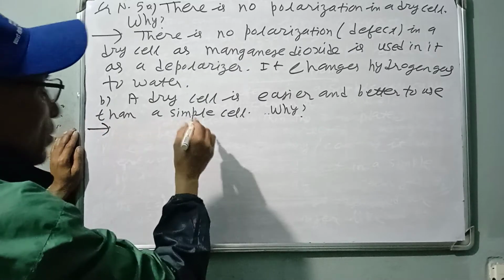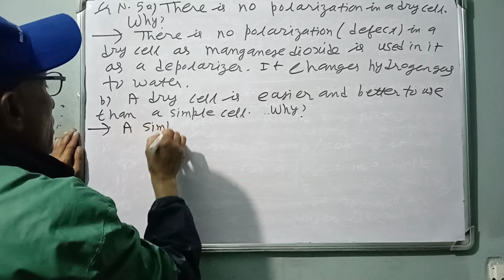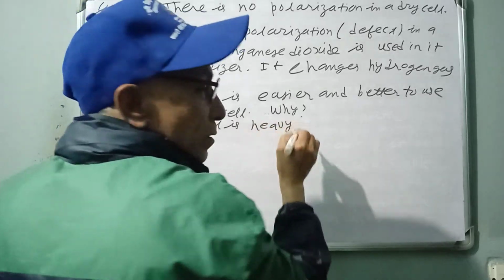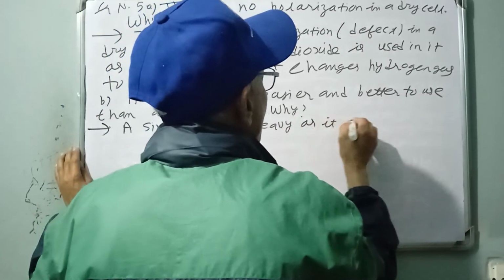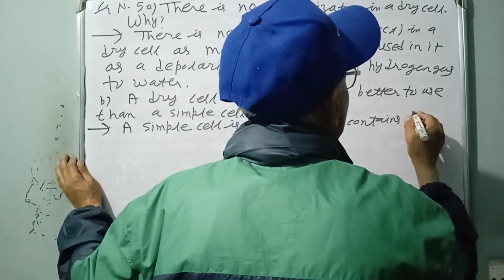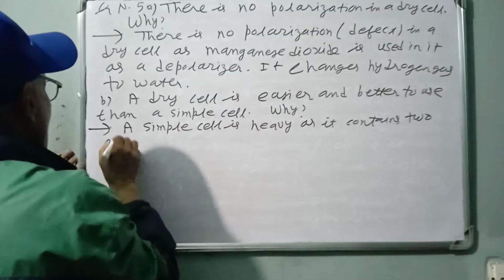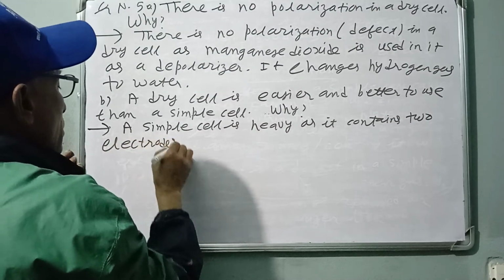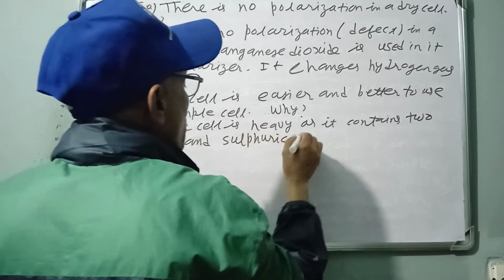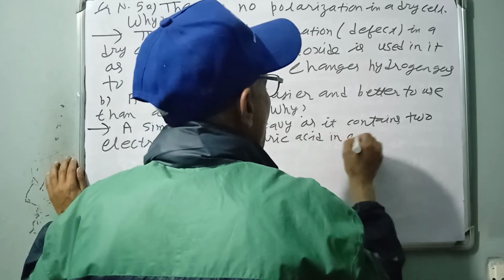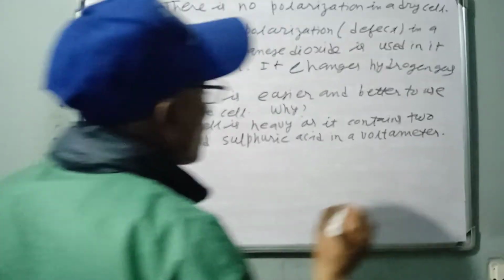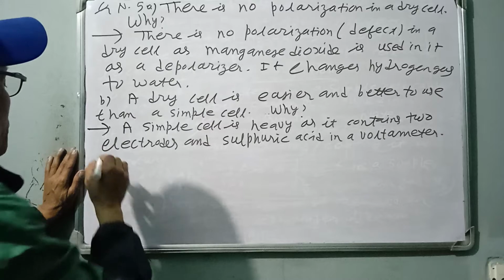See, a simple cell is heavy as it contains two electrodes and sulfuric acid in a voltameter, which is very heavy. It is not portable. One thing, it is heavy.